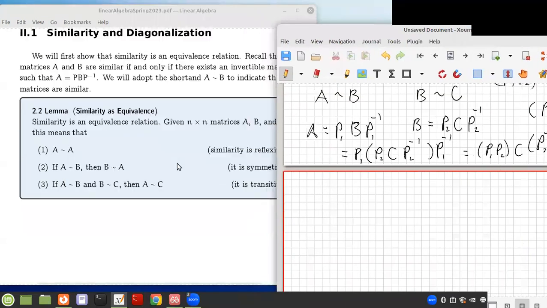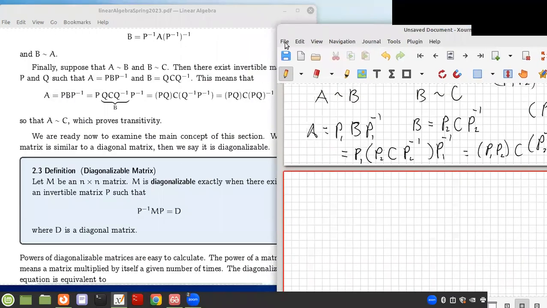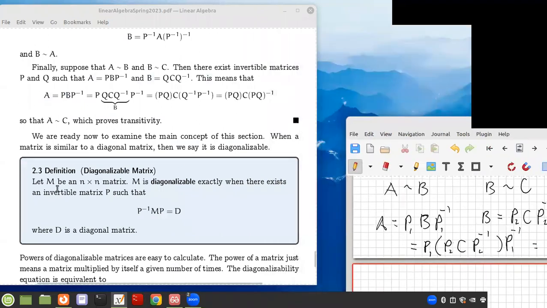Okay. So now the question is, let M be an n by n matrix. M is diagonalizable exactly when there exists an invertible matrix P such that this is true.